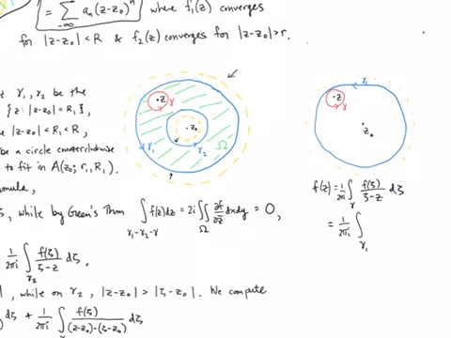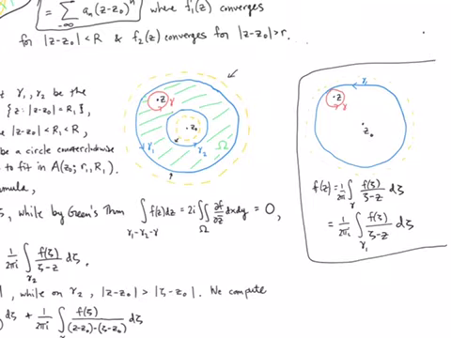So you can now trade this for an integral around that curve gamma 1, which is centered at z naught. And then things go much better if you use that gamma 1 curve. So that's what we did in the power series case.